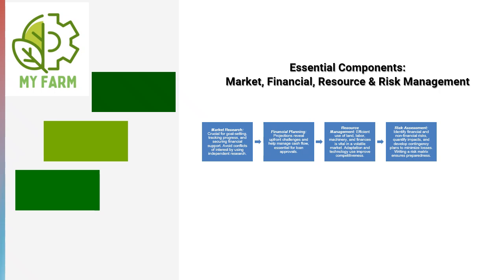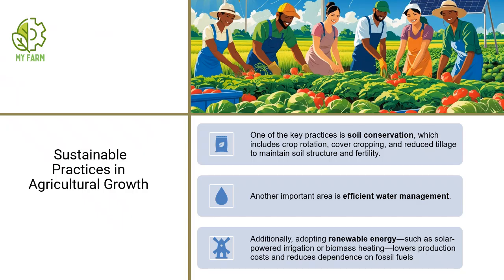By integrating market research, financial planning, resource management, and risk assessment, an agricultural business plan provides a roadmap for growth, stability, and sustainable success in a challenging environment. Sustainable agricultural growth focuses on increasing productivity while protecting natural resources and ensuring long-term farm viability.